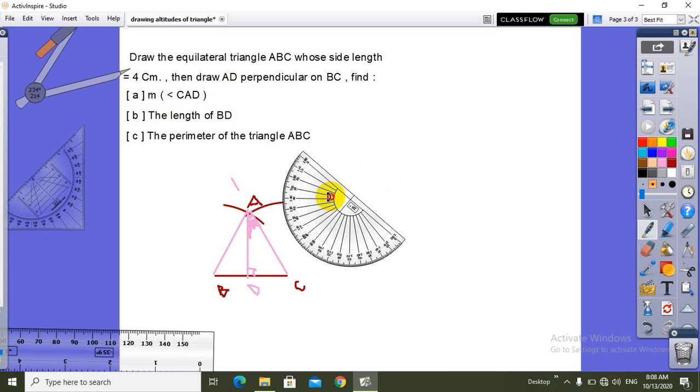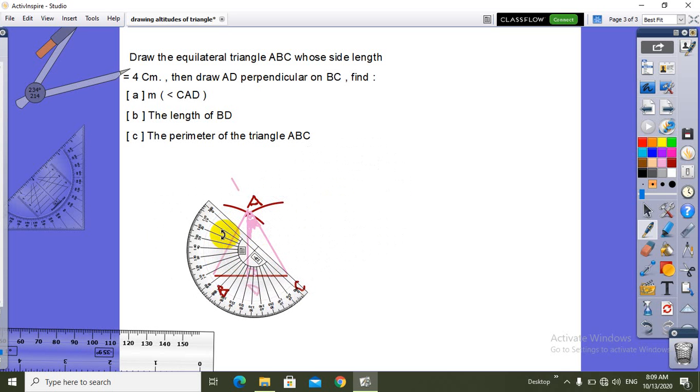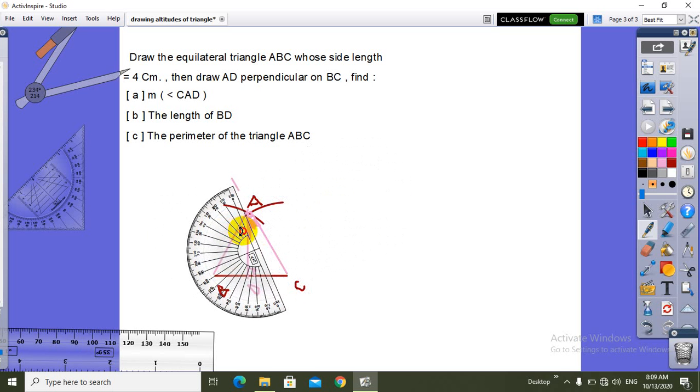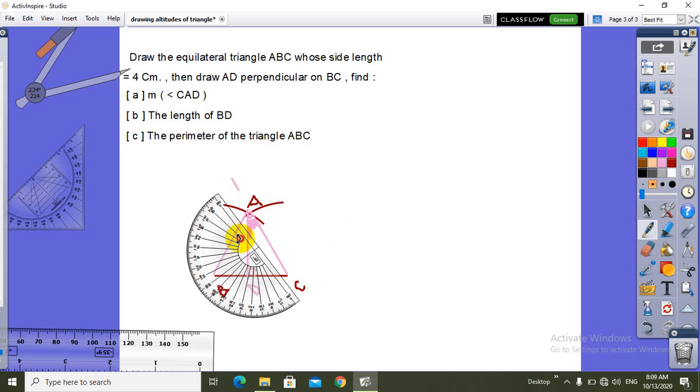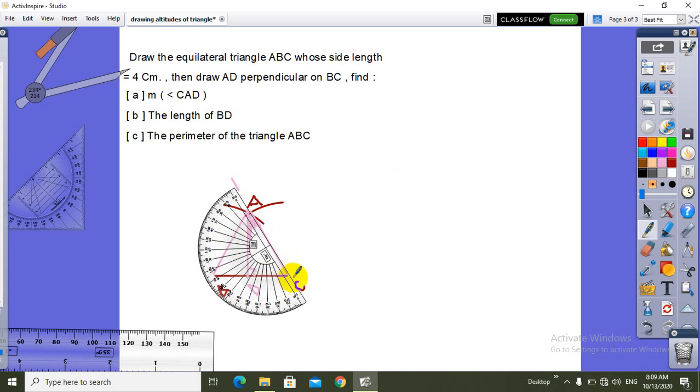Turn it and put it on one side of this angle. Then measure the angle from AC, the side, and calculate the distance between AC and AD to get the measure of this angle CAD.